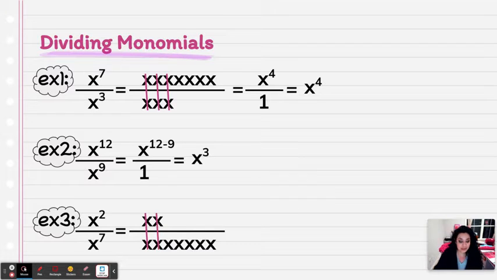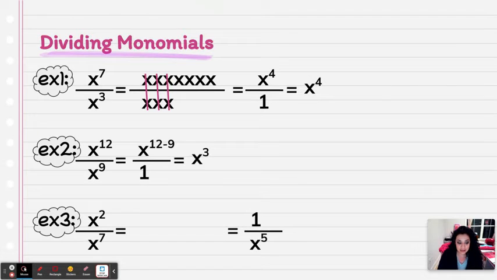Now I'm left with nothing on top except for that 1, which is irrelevant, but we keep it as a placeholder in the meantime. And then 5 x's on the bottom as my denominator. So we could have easily said this is 1 over x to the 7th minus 2. Notice now my subtraction happens on the denominator since that is the part with the biggest exponent.